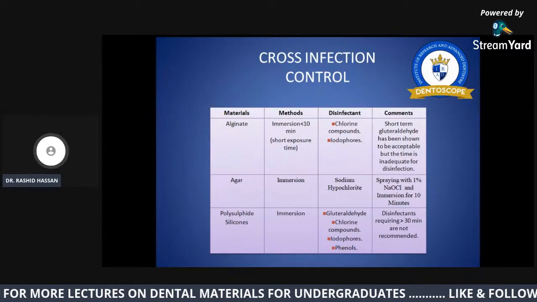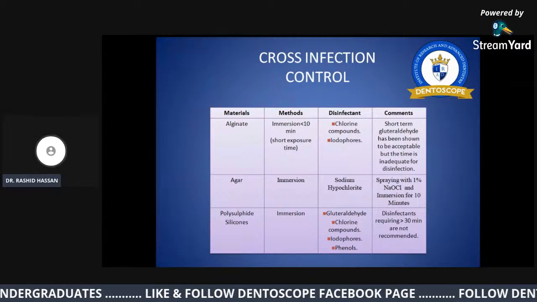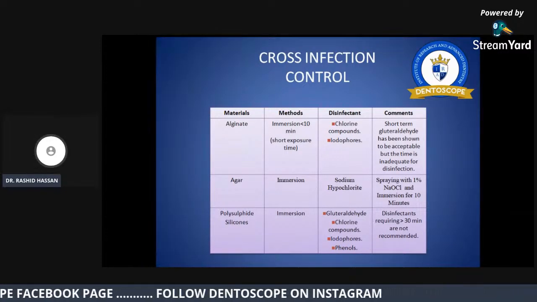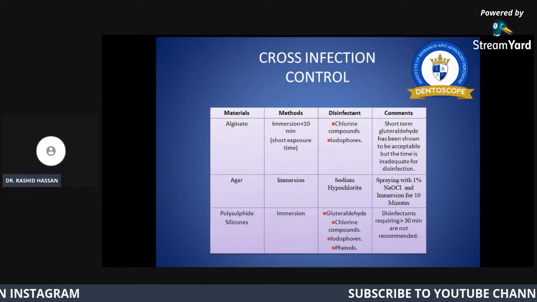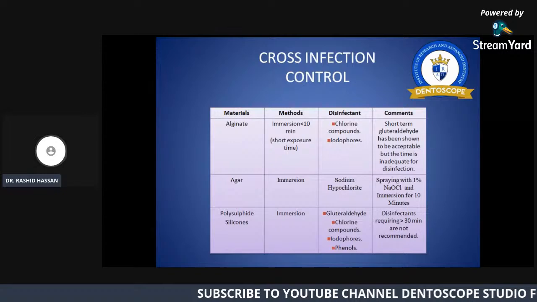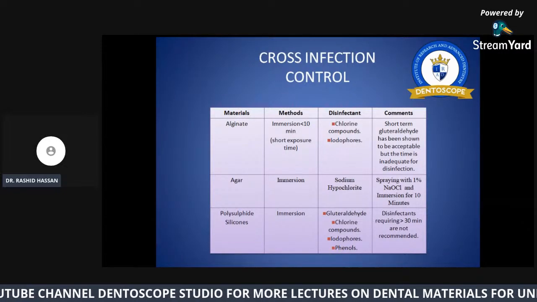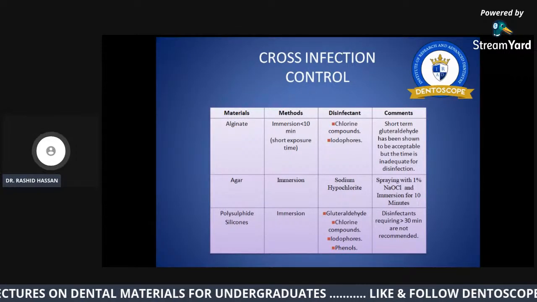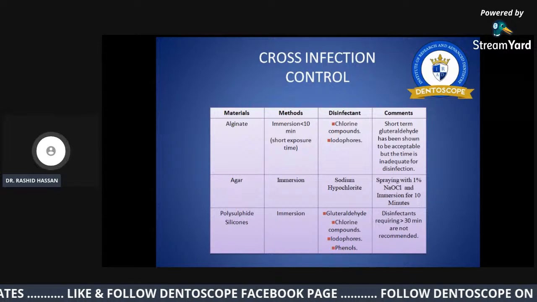So let's talk about the chlorine compound. There are two types of chlorine compounds actually: sodium chloride, which is the normal table salt, and hydrogen chloride. You can note it down if you are making notes while taking this lecture, that sodium chloride and hydrogen chloride are the two chlorine compounds which are used.